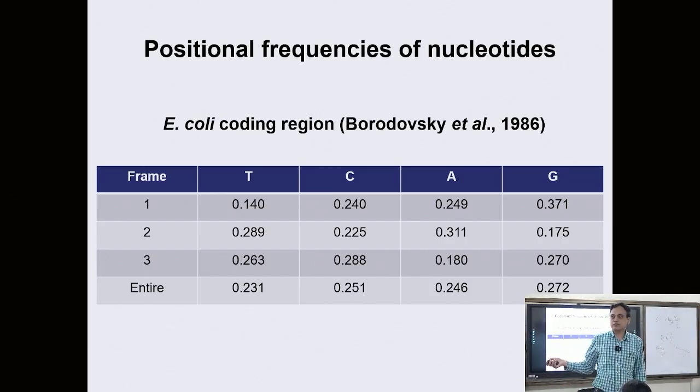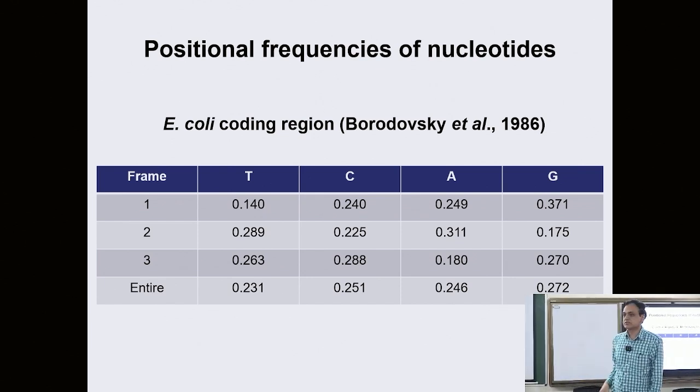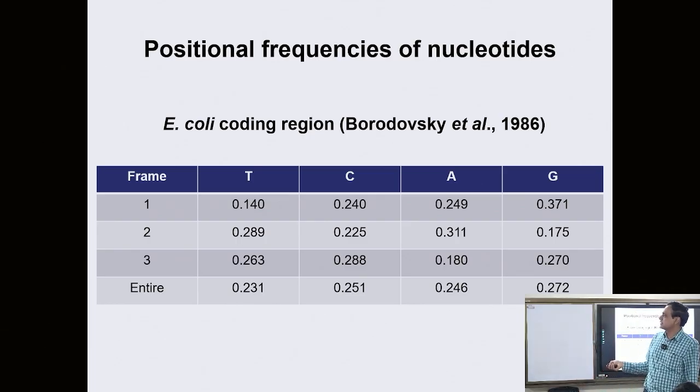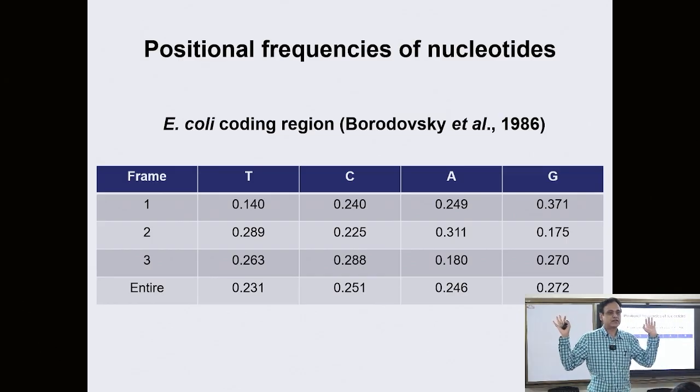And it was observed that the probability distributions at the 3 positions are more or less similar, and the same as the probability distribution for the entire sequence when the positions are ignored. So this gives a hint that there is a pattern that discriminates protein coding sequences from non-coding sequences.